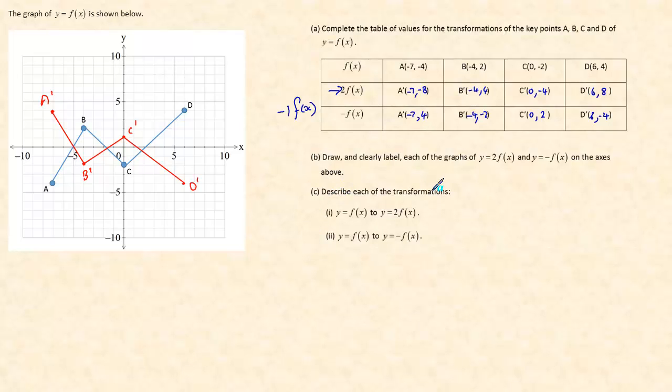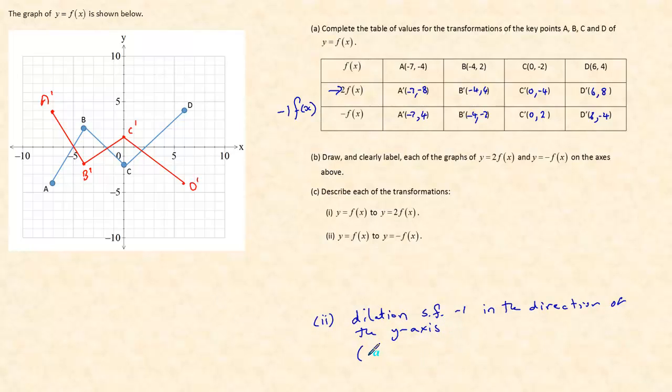Now, we're asked to describe each transformation. So if we look at part 2, we can say that this is a dilation, that's the word we use for stretch, scale factor -1 in the direction of the y-axis, and this is the sort of language you need to use.